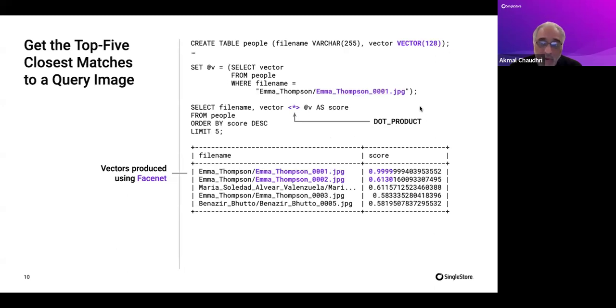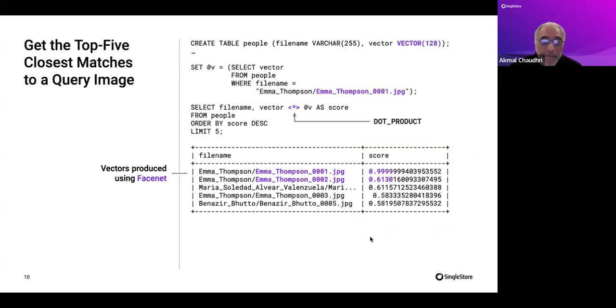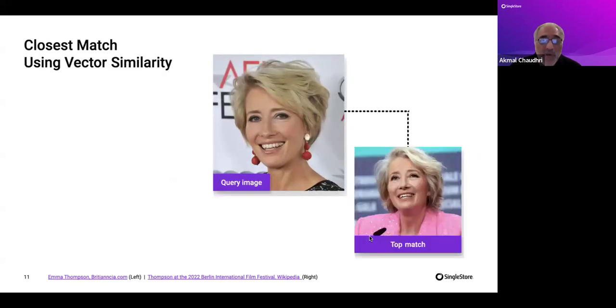So if we look at the score, for example, on the left-hand side, we can see that indeed we've got a couple of good matches here. That one is almost a perfect match in terms of one, but we've got another good one just below it as well. So something like this, closest match using vector similarity, very useful.